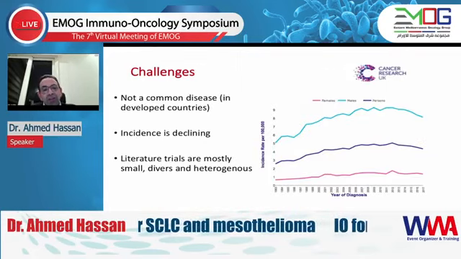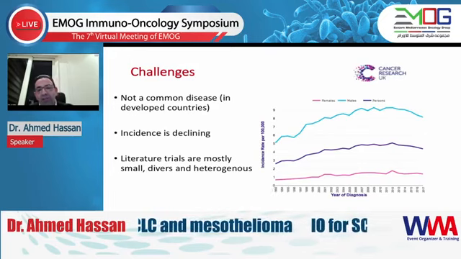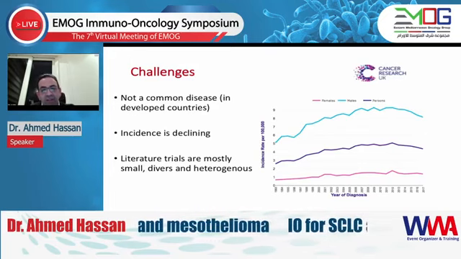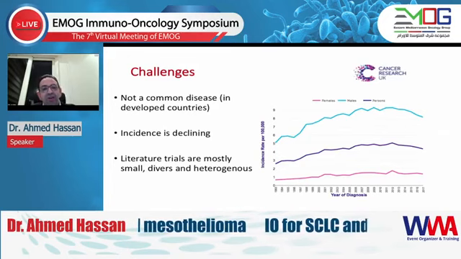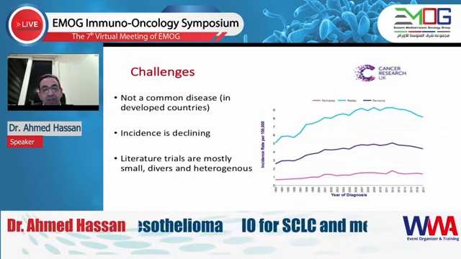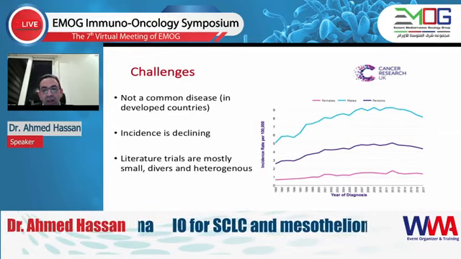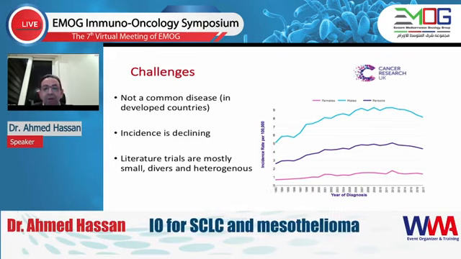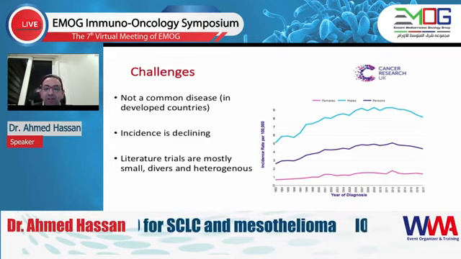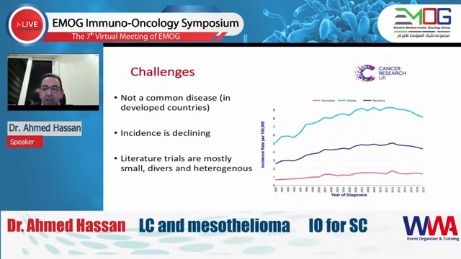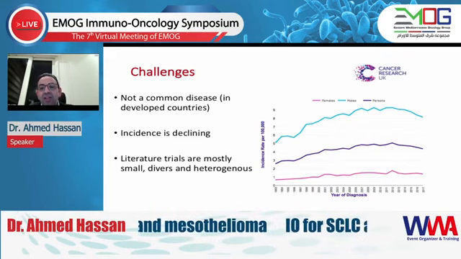It's not surprising that we have limited information and limited interest in this disease, because it's a disease of the poor countries, as in the developed countries the rates of mesothelioma are declining quickly. Here in the UK, for example, the incidence was rising from the 60s when they were using asbestos until it reached a peak in 2010, and then it started declining quickly.